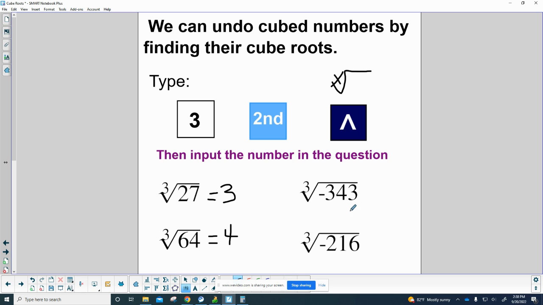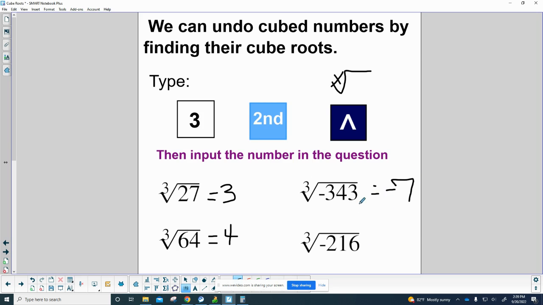What about these negative numbers? We've got negative 343, so I'm going to find the cube root of negative 343. On my calculator, I'm going to do 3, second, up arrow, negative 343, equals. And I end up with negative 7.